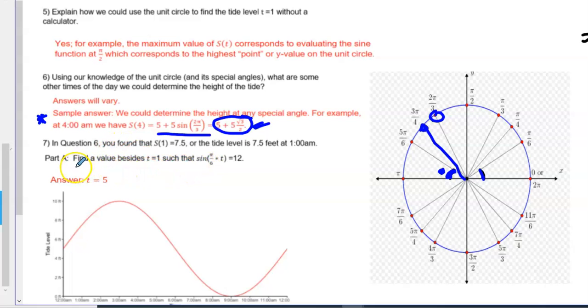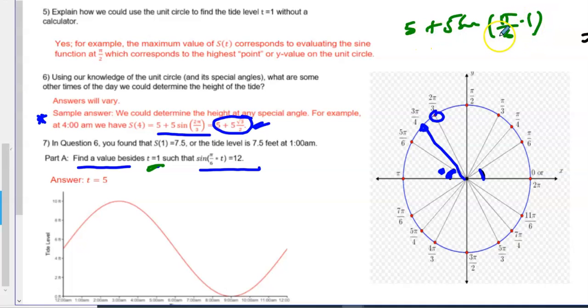Now, part A, find a value besides t equals 1 such that sine pi on 6 times t is equal to 1/2. Here, when t is equal to 1, we are going to get 5 plus 5 sine pi on 6 times 1, which is 5 plus 5 sine pi on 6. And when t is equal to 5, we are going to get 5 plus 5 sine 5 pi on 6.